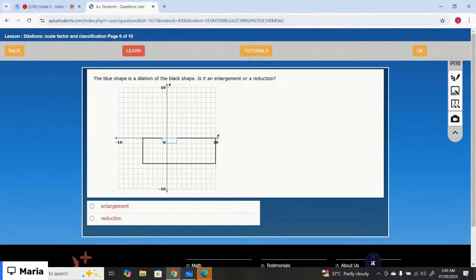The correct option is reduction, it is, right? Okay, you can complete the lesson by yourself later today.